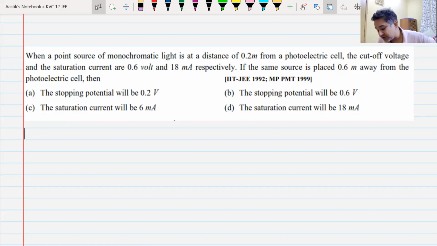This is the original question, JEE of 1992, 4 years before me. If the same source is placed 0.6 meters away from the photoelectric cell, then these are the four options. As you can see, once it came in JEE, it kept on repeating in different exams.